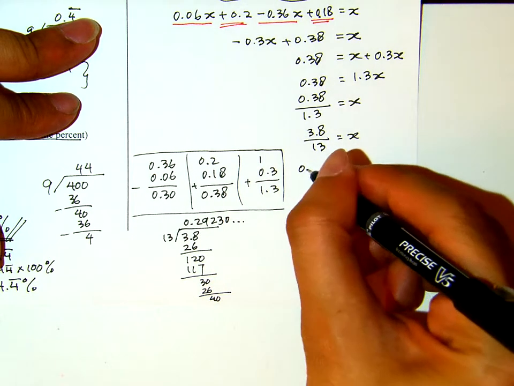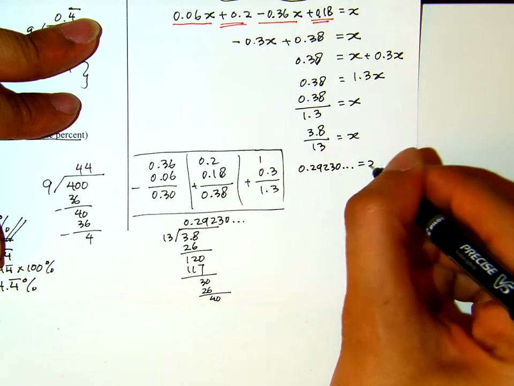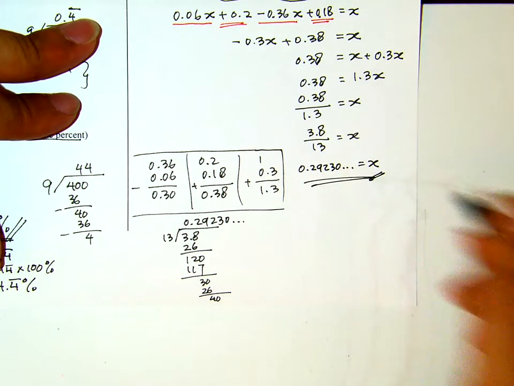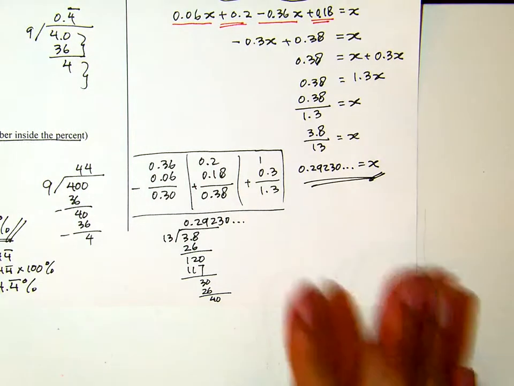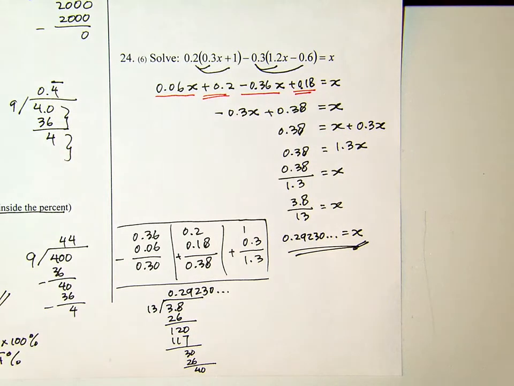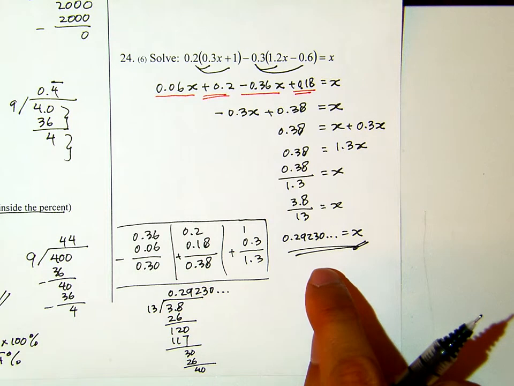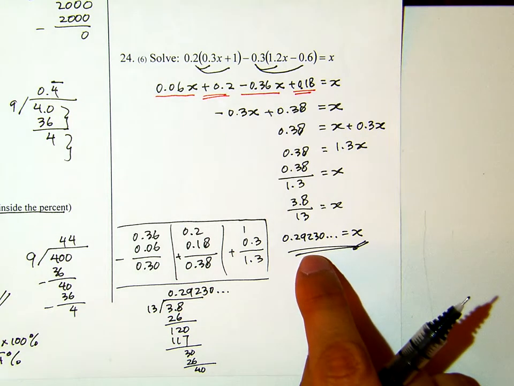That's 0.29230 dot dot dot equals x. That's the answer in decimal. I didn't give a hint at the beginning whether you need to answer in decimal or fraction. If you don't have that hint, then the sensible answer will be something like this.